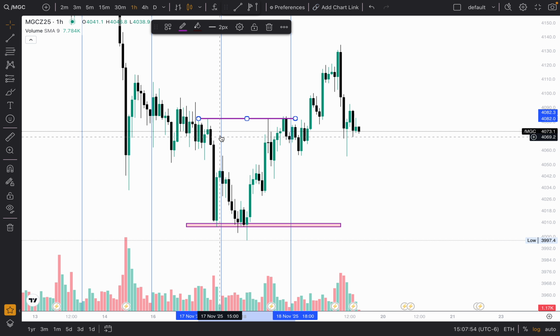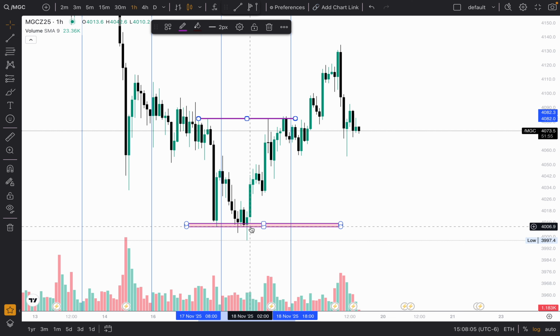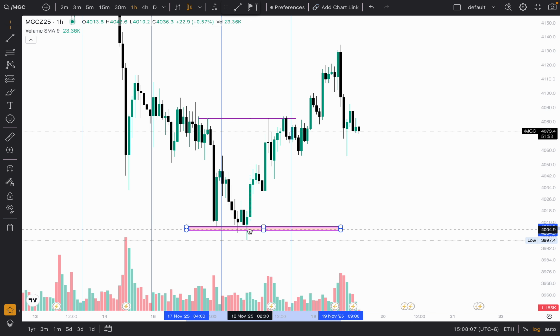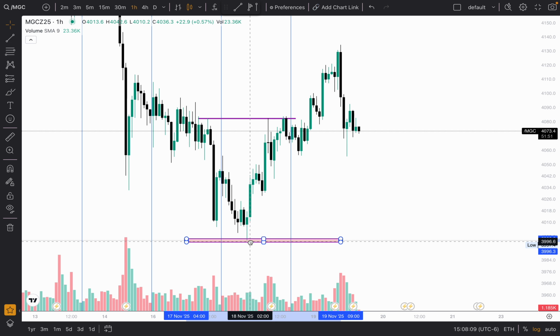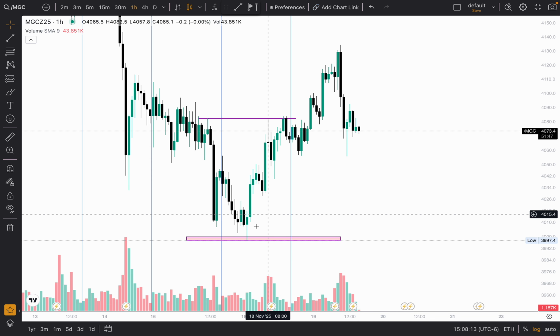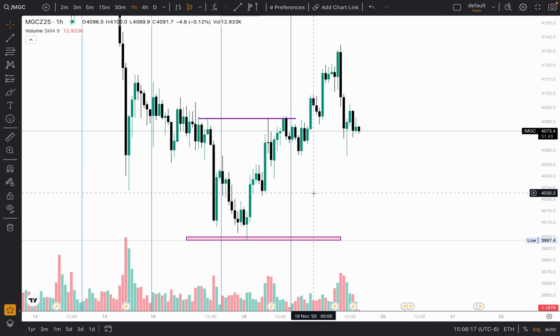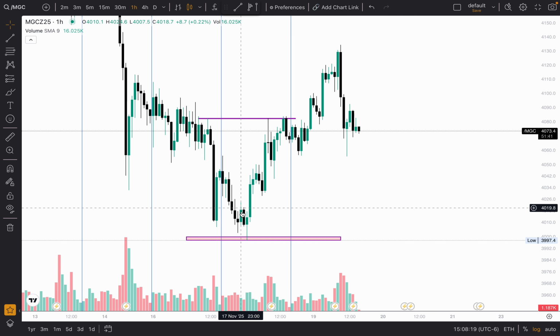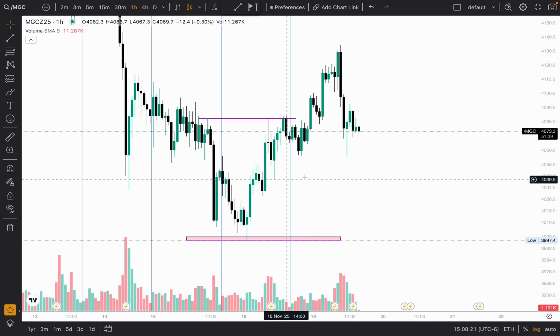So this is the high that affected the market, which is why we consider this a swing high. Same for the downside. This is the area where price bounced off and went up. So this is what we would be waiting for, price to take out one of these points.